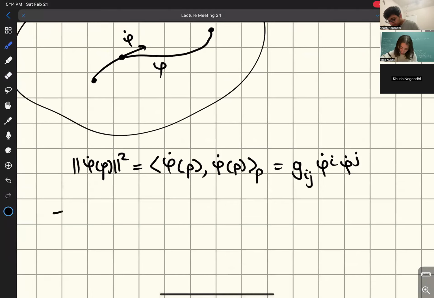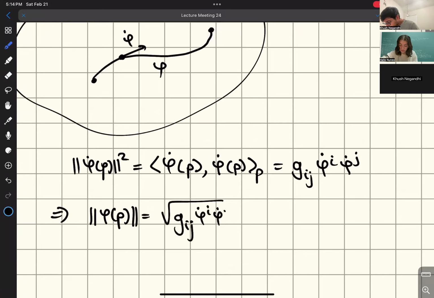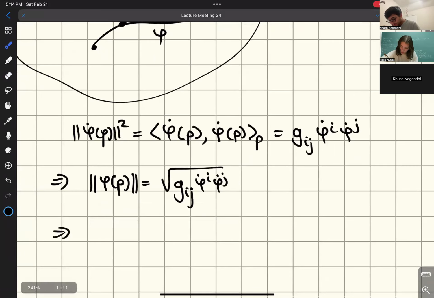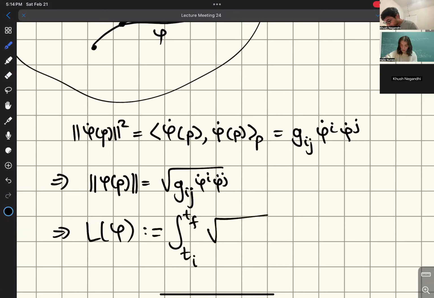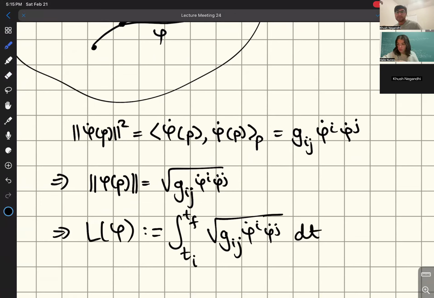But my speed is given by the square root of g_ij phi dot^i phi dot^j, which then tells me that the length of my curve phi, which I'll just write like this, should be defined as the integral from the initial time to the final time of the square root of this. Are there any questions on the definition of the length of a curve in a Riemannian manifold, and why it should be defined this way?